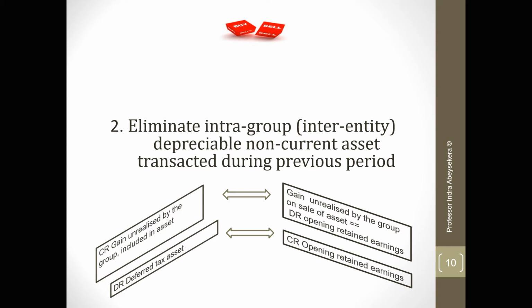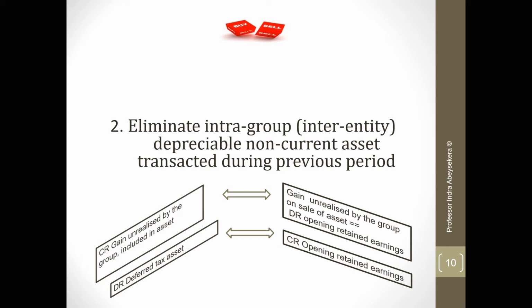When it comes to consolidating the transaction, we need to debit opening retained earnings for the unrealized gain, and we credit the non-current asset for the overvaluation. Because we are decreasing the carrying value of the asset compared to the taxpayer, that difference is a deductible difference, and the tax component of that is deferred tax asset.